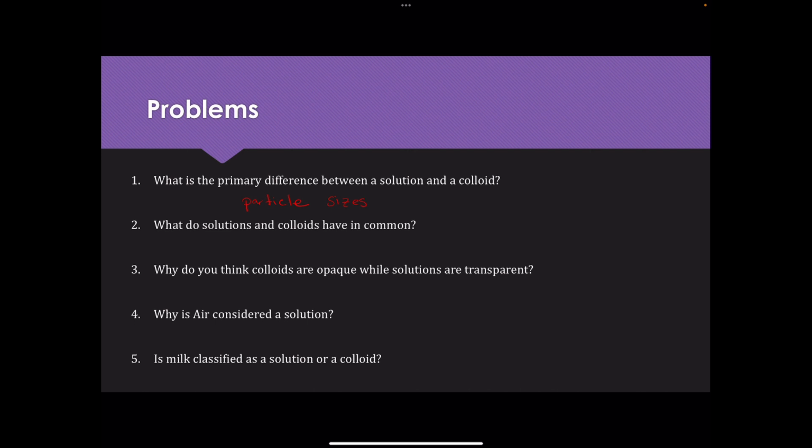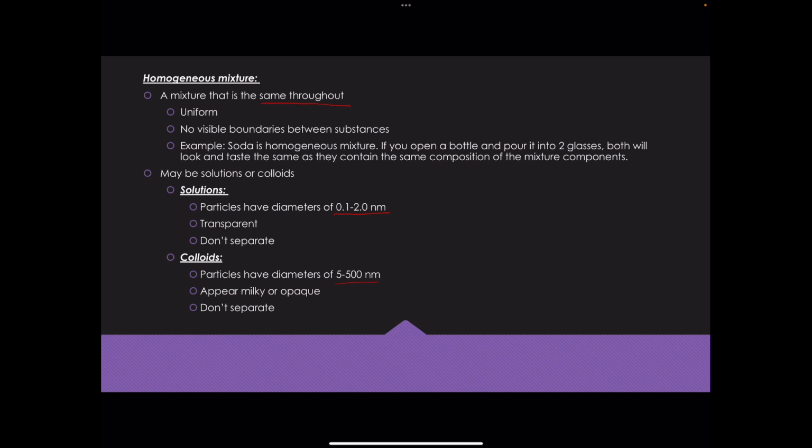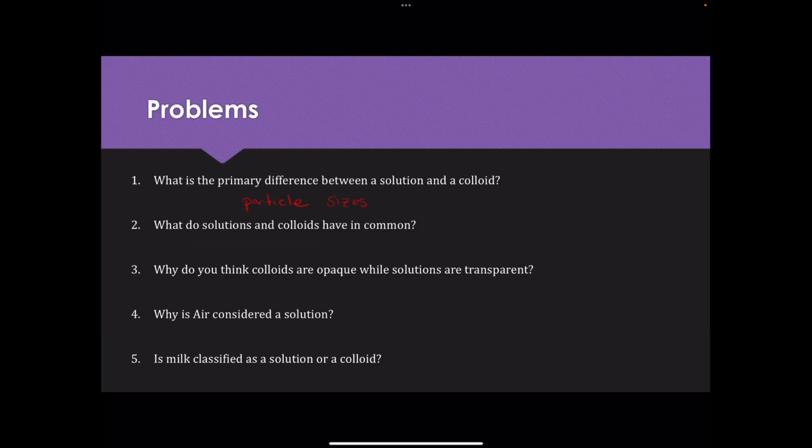What they both have in common, in addition to having the particles spread throughout, is that they don't separate. So we've got solutions with small particles, colloids with large particles. So there's one difference. They don't separate, which is what they have in common.